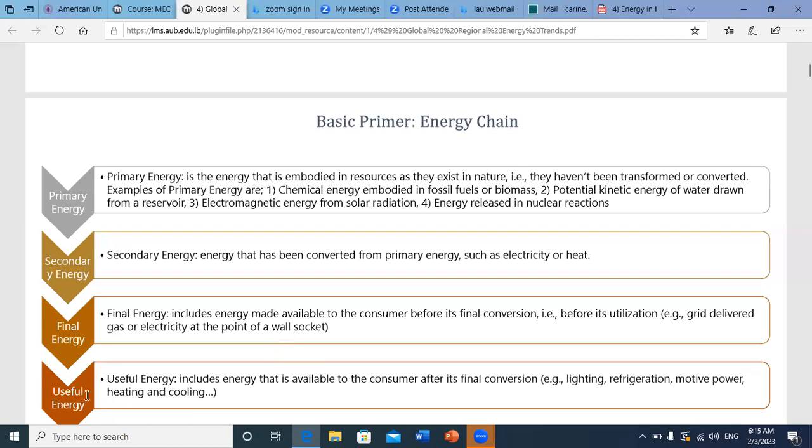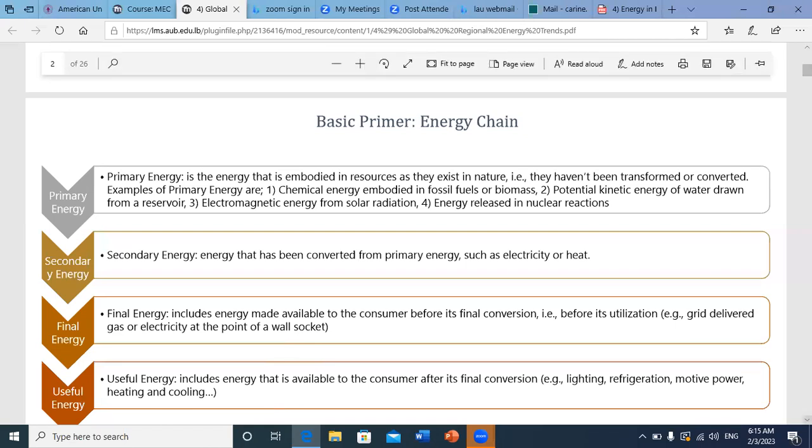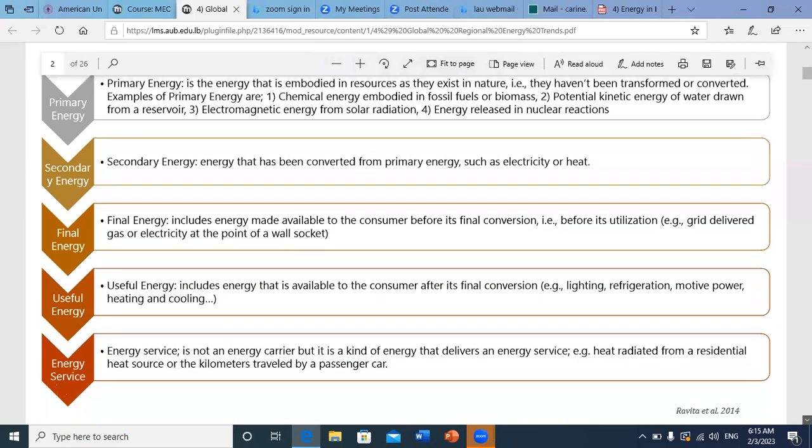The useful energy includes energy that is available to the consumer after its final conversion. For example, we can talk about lighting, refrigeration, heating and cooling, etc. Please stop me if anything is not clear.